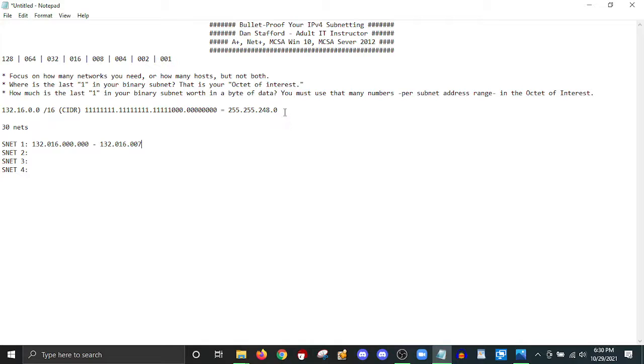That's 8 numbers. And then, since I'm going to have to use the next highest number in the next address range, I must fill up the fourth octet for the third octet to increment.